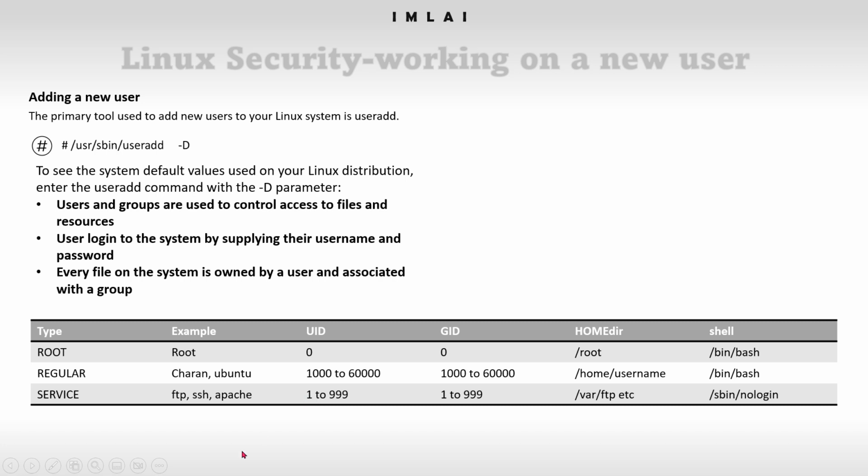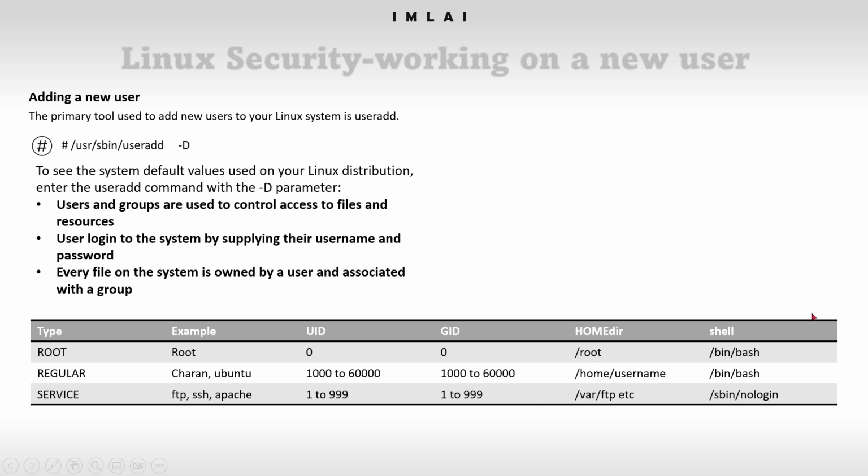That's why httpd, all the services, systemd, they will have 1 to 999, whereas regular users will have a UID of 1000 to 60000. That we have just now demonstrated, and their home directory will be in /home for the regular user, for root it's /root, and for services it's /var/ftp.